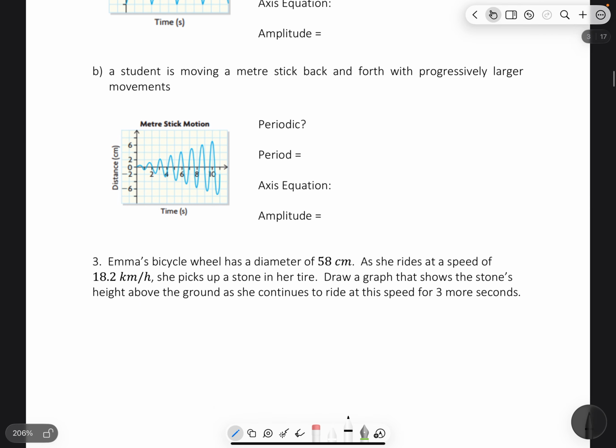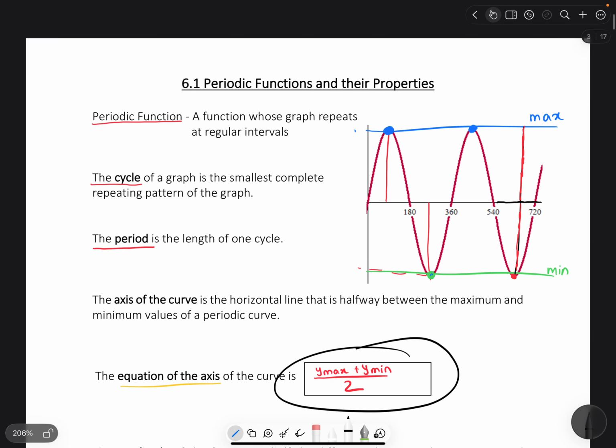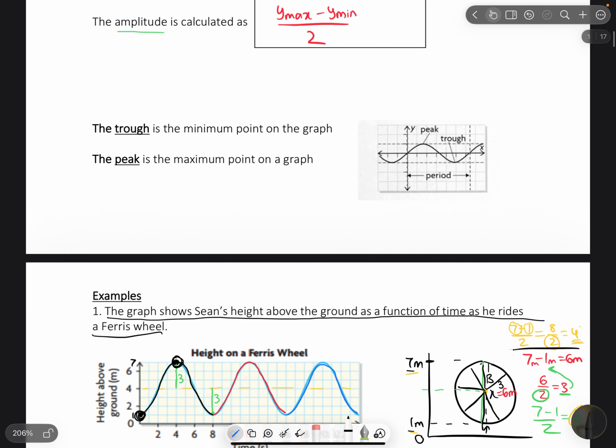Now we can come down here and we can look at this question. Determine whether the term periodic can be used to describe the graph for each situation. If so, state the period, the equation of the axis, and the amplitude. So once again, a periodic function is a function whose graph repeats at regular intervals.